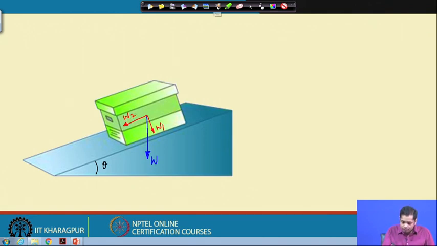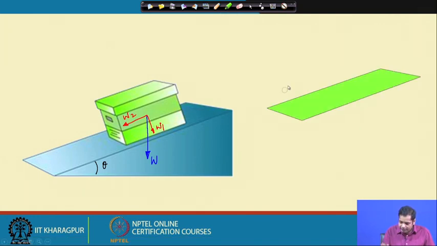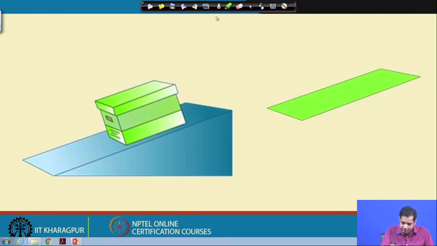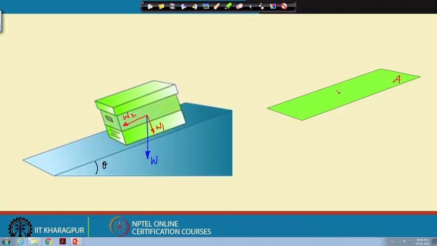Now, suppose this area is A. We discussed that stress is equal to force by area. On the same area we have two forces, one normal to this area and another tangential to this area.